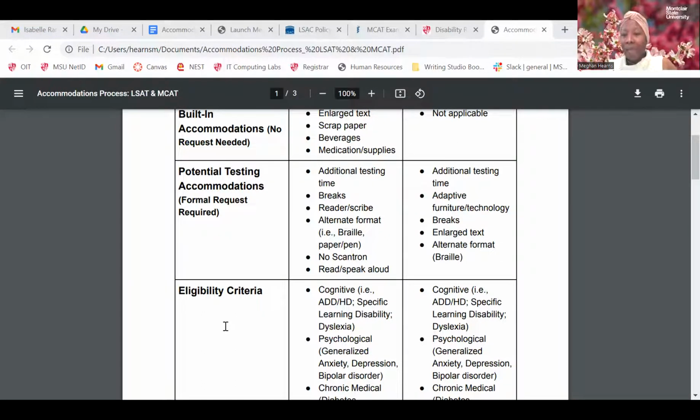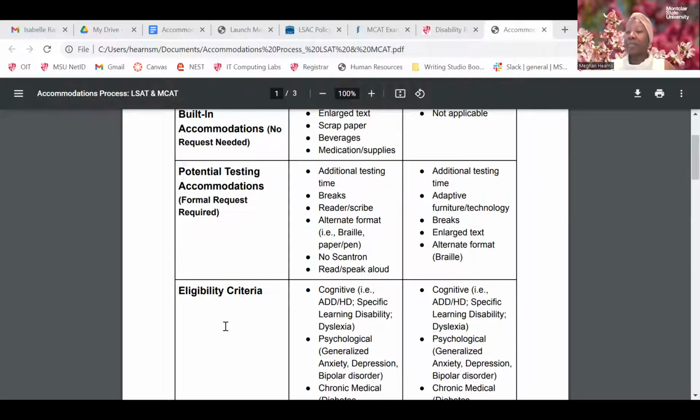In terms of the MCAT, very similar accommodations are available. The MCAT is a lot more rigorous and requires significantly more documentation. But additional testing time, adaptive furniture or technology. If you need an adjustable chair, such as a student who may be of smaller stature, or a student who may have a wheelchair, having an adjustable desk or chair is available.